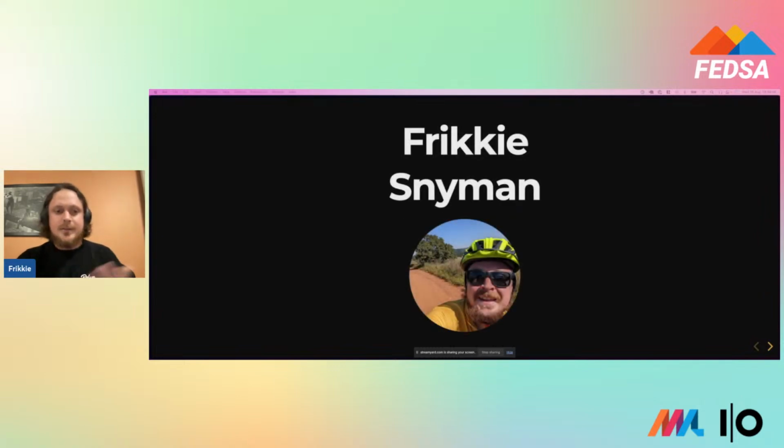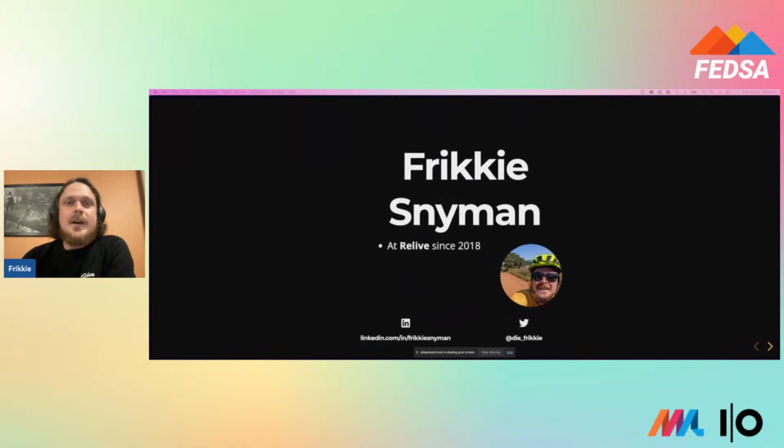But of course, who am I? My name is Frikkie Snyman. As you can see, I like riding bikes. I've been working at Relive since 2018. Relive is an outdoor tracking app. We've got around 18 million registered users right now.